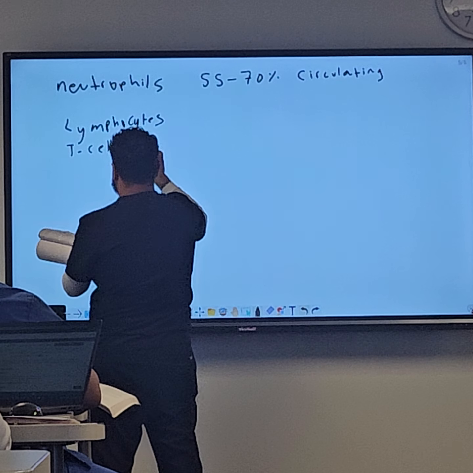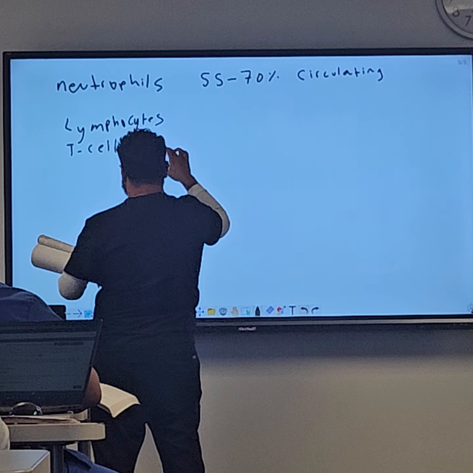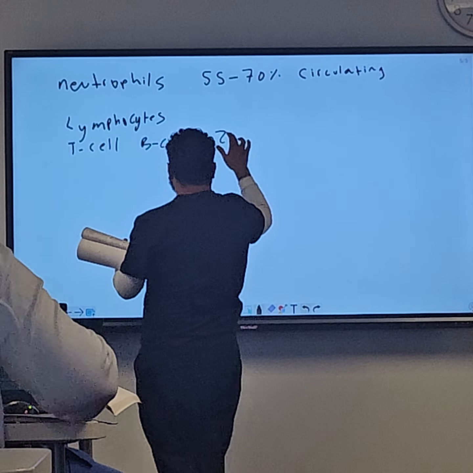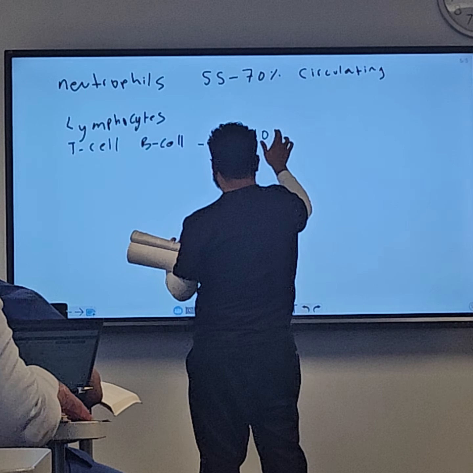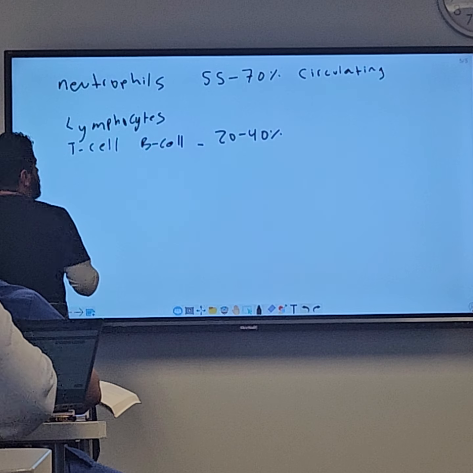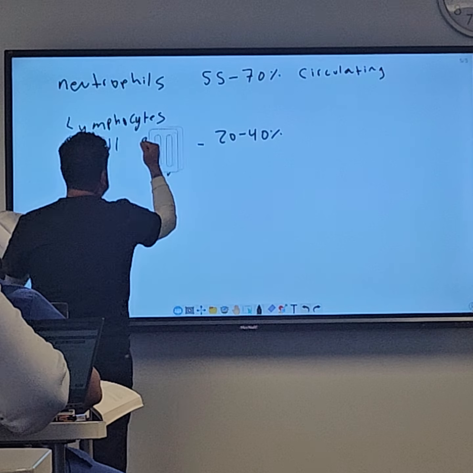Alright, T cells and B cells, these are your lymphocytes. And these are 20 to 40%. Okay? Now T cells, I should write it like this.